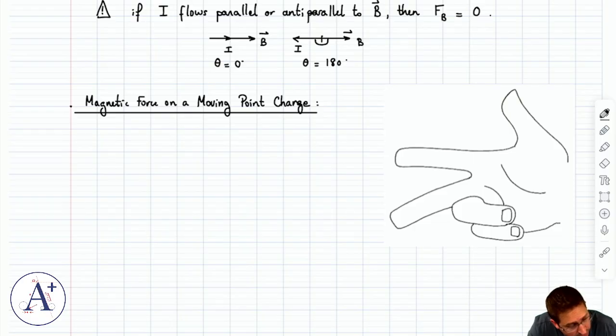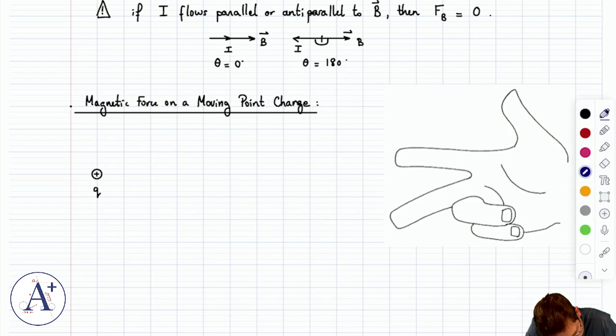Okay, so I'm going to take a positive point charge, Q, moving to the right with a velocity v, and there's going to be a magnetic field B. Let's take it into the page.